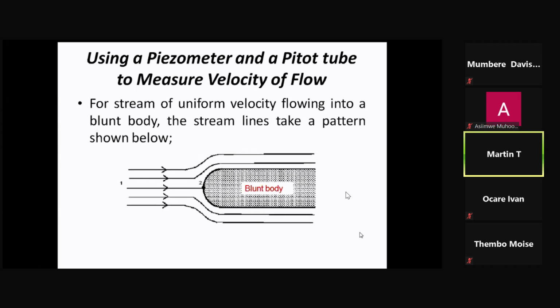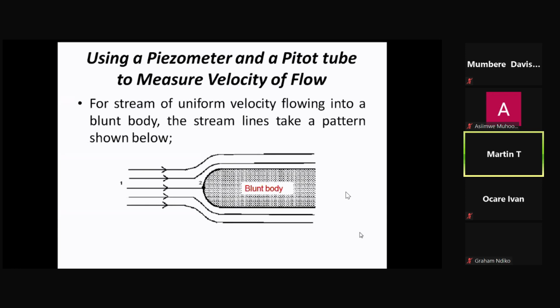Those that have grown up in villages and that have swum in streams, you know that when you stand in a stream of flowing water, you can put a jerrycan just in the direction where the flow is coming from. You can hold it by your legs, and the water cannot move it because your legs are acting as a blunt body, and just before you there is a stagnation.